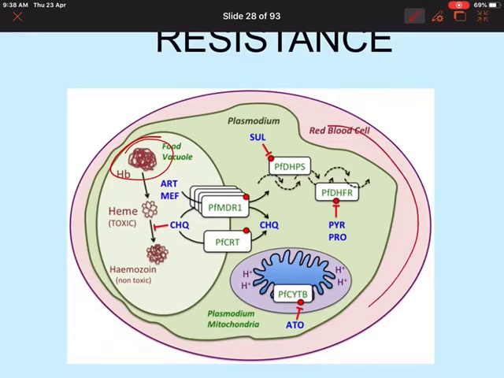This is the RBC, what we see, the pink one, and the green one is the plasmodium. The hemoglobin taken up from the RBCs reaches the food vacuole. In the food vacuole, this hemoglobin is converted to heme. Heme is toxic, so heme is converted into hemozoin, which is a non-toxic form. All this happens in the food vacuole.